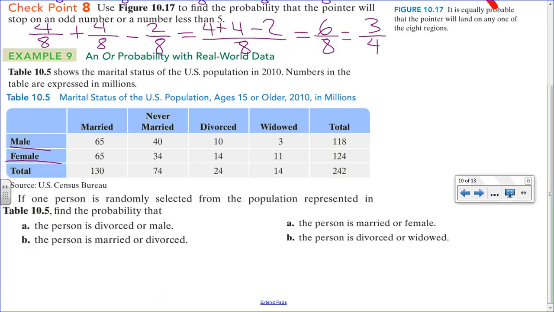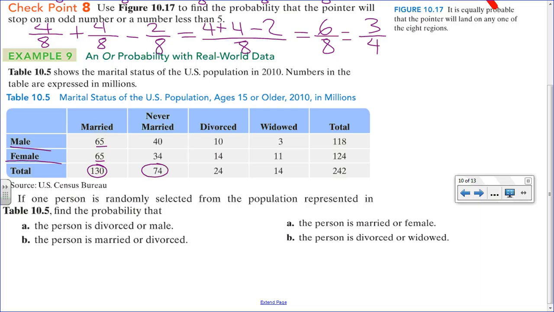Out of those, 65 males were married and 65 females were married, and so the total will be 130. Now, if we look at the second column, we have 40 males who were never married and 34 females who were never married. So the total was 74.